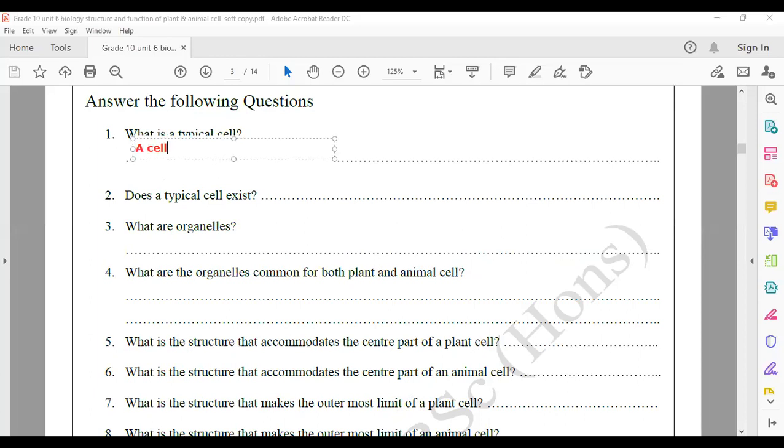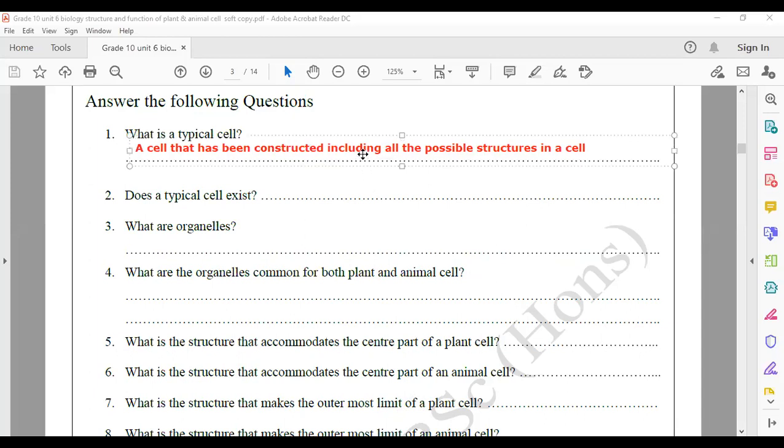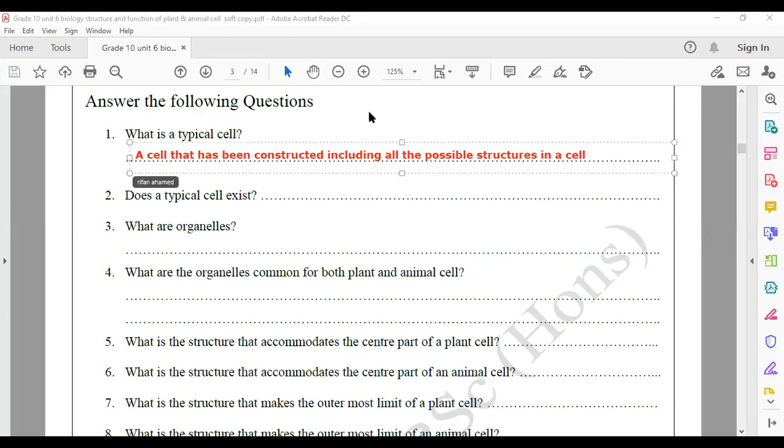A cell that has been constructed including all the possible structures in a cell. That is called typical cell.